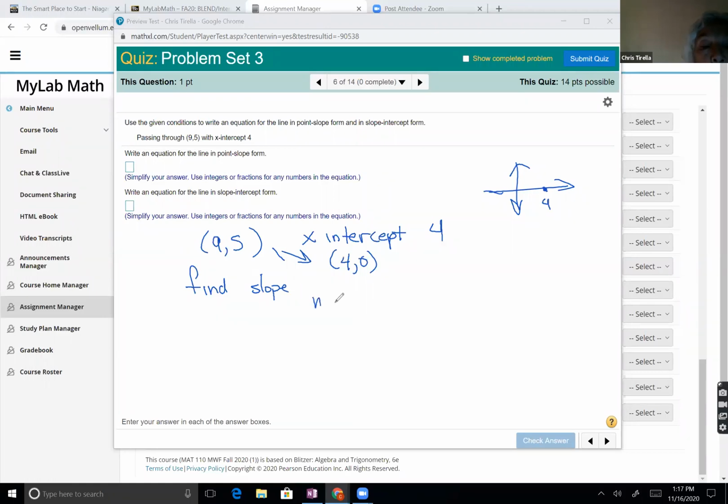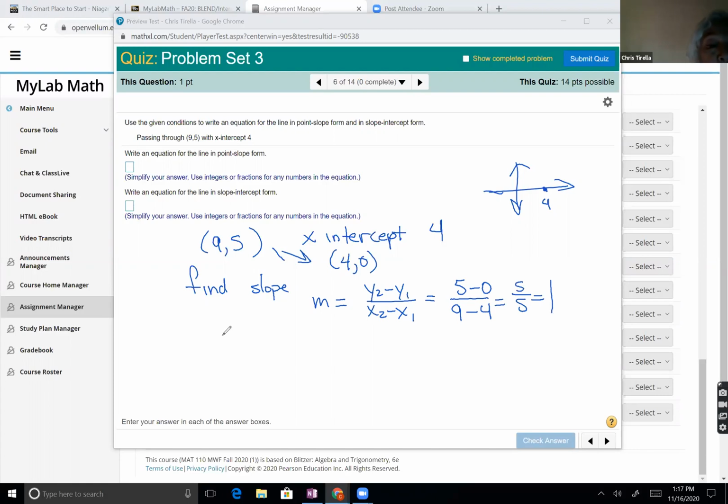So the slope is the difference in the y values over the difference in the x values. So the difference in the y values would be 5 minus 0. The difference in the x values would be 9 minus 4. So 5 over 5 gives me a slope of 1.